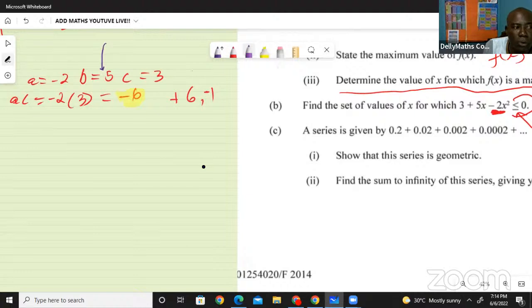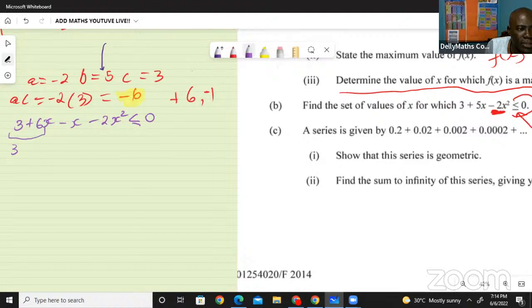So let us write down what we have. We have 3, and then +6x, -1x or -x, minus 2x squared, and this is less than or equal to 0. Some people would do what they have to do to let this be positive, or it does not matter. You're factorizing. So let us take out our 3 here.